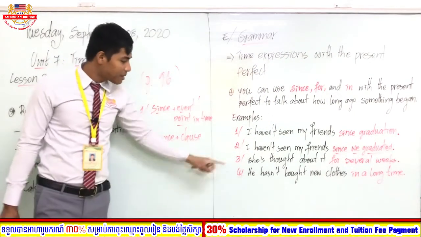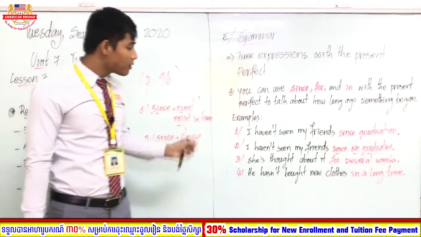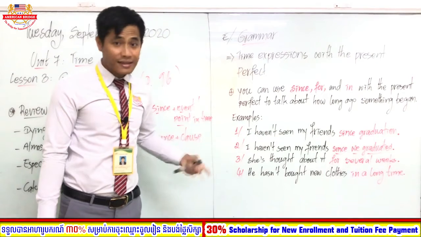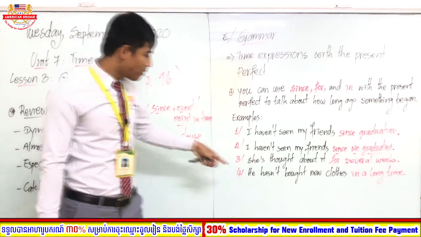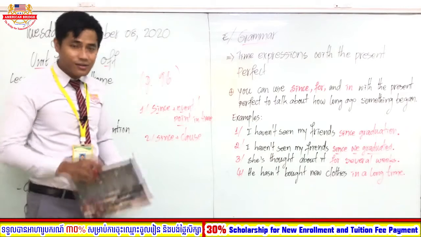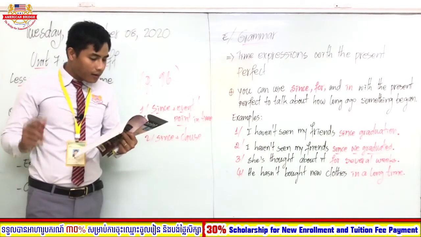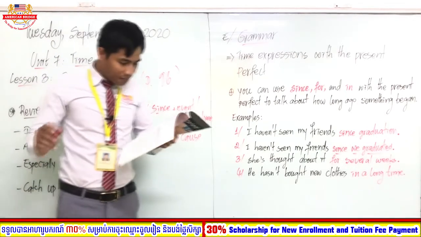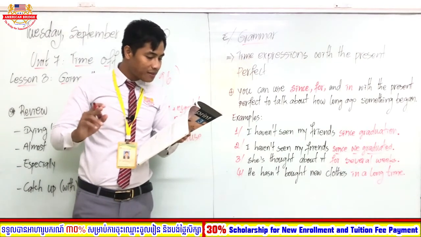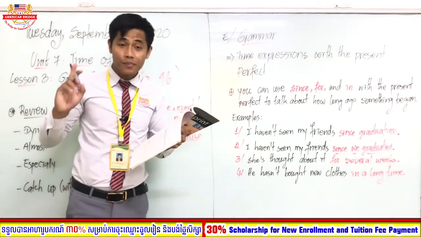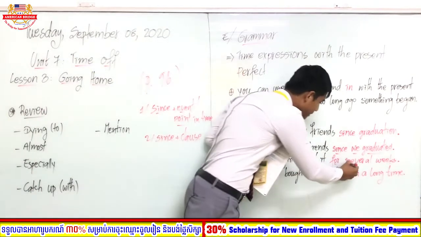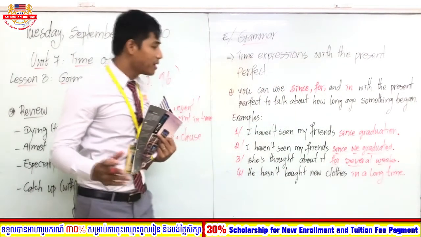Look at number three, everyone. She has thought about it for several weeks. For several weeks. For over here, we usually show what, students? Look at the book on page 97, then you will see: present perfect plus for plus periods of time.